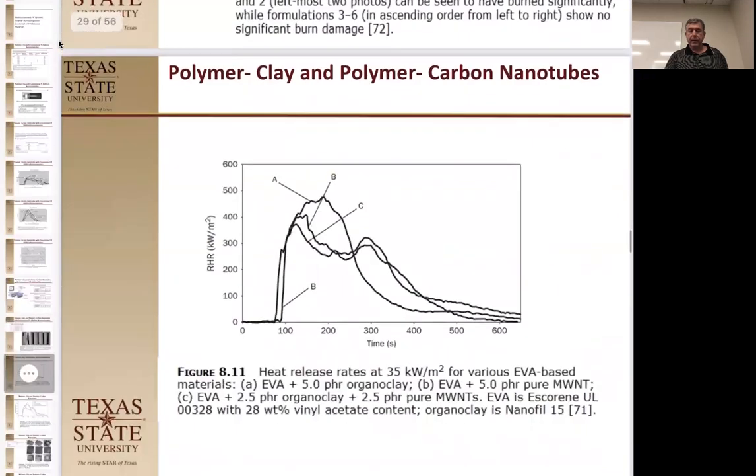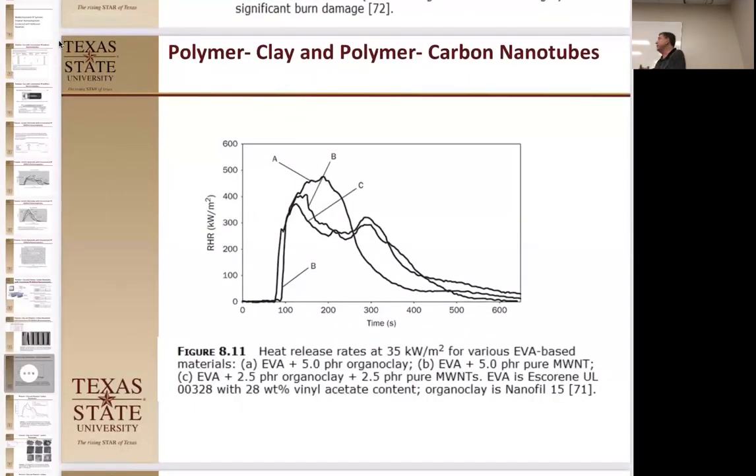All right, so now let's move on to EVA, which is ethylene vinyl acetate, sorry. When they did just organoclay, multi-wall carbon nanotubes, and then both together, they saw a significant difference.